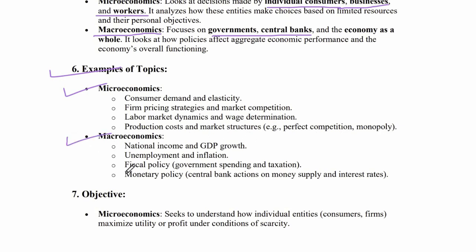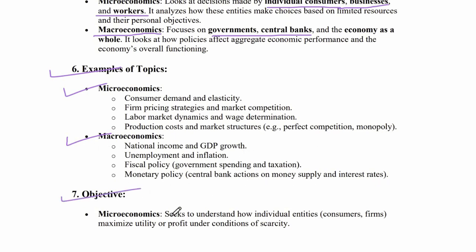Whereas macroeconomics examples include national income and GDP growth, unemployment and inflation, fiscal policy, government spending and taxation, monetary policy of the central bank actions, or money supply and interest rates.